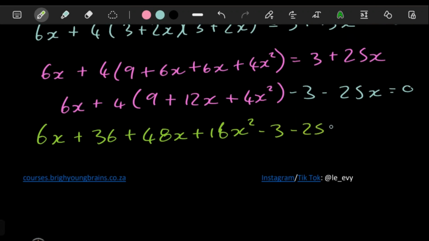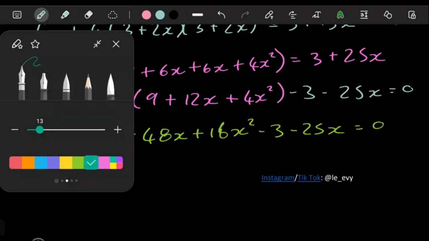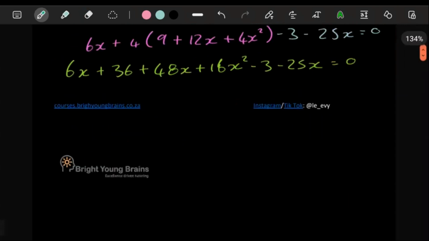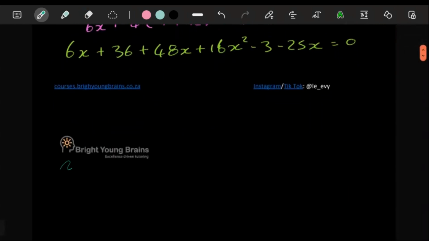-3 minus 25x equal to 0. You can see, obviously, the annoying thing with questions like these is they just drag on for so long. It gets a bit annoying, but it is what it is. You have to do what you have to do for your marks. So let's write this in descending order of powers. 16x squared, we can write it first.